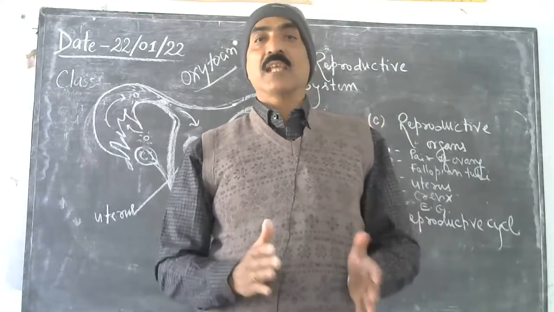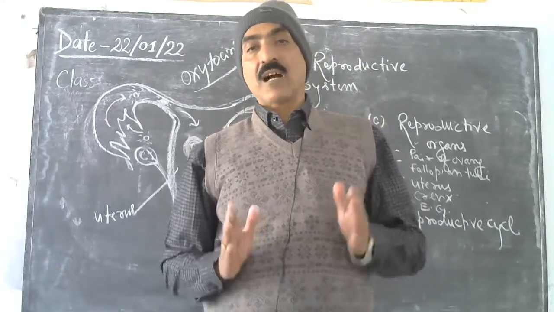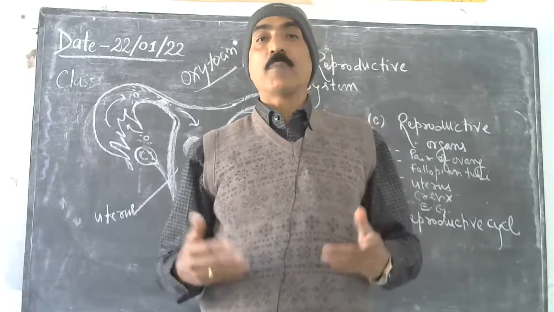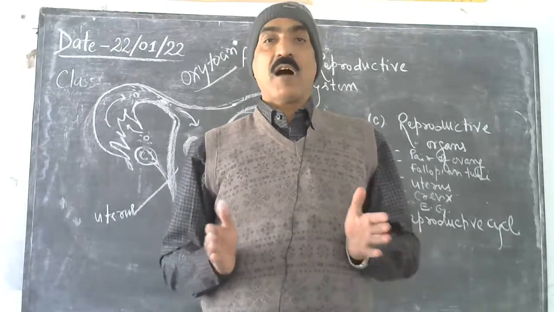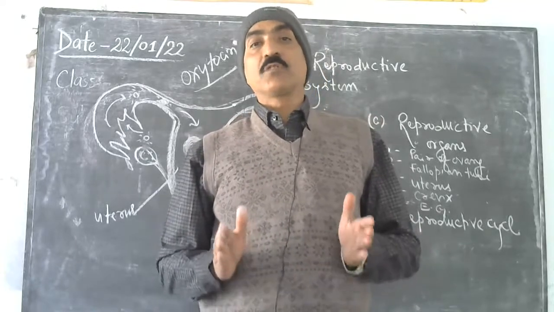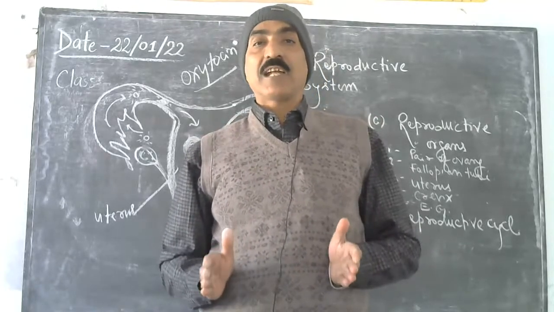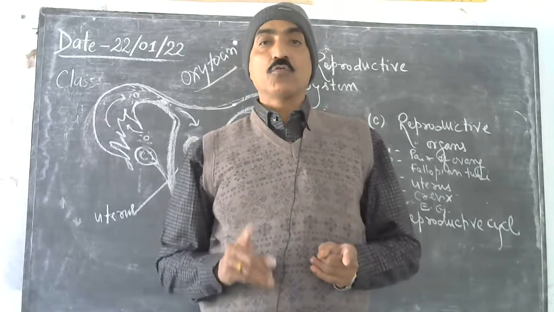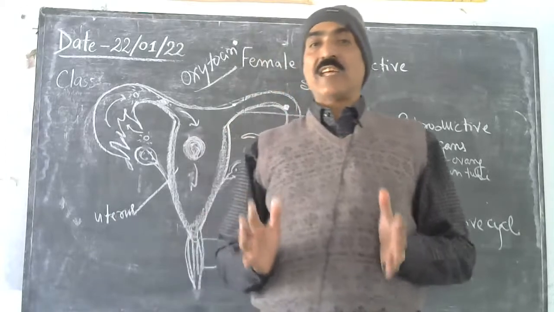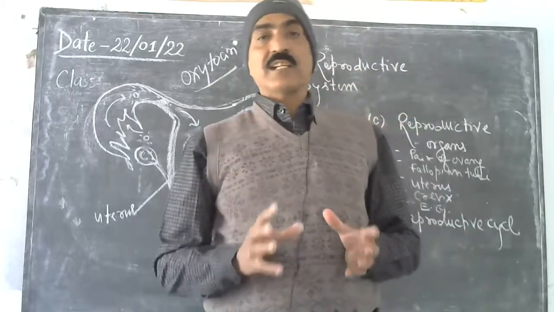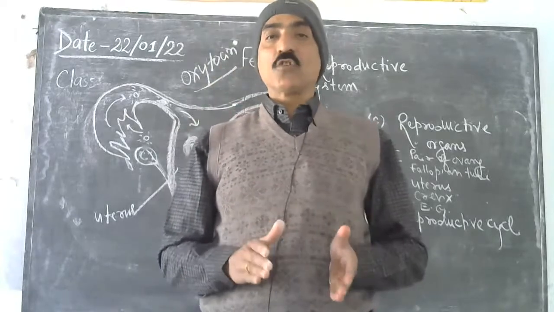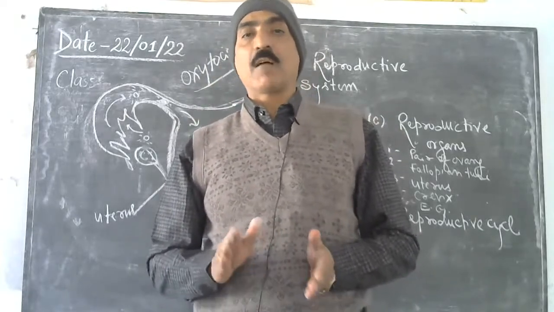But another thing that is essential and occurs only in the female is the development of the fetus, that is called the gestation period. And that period is completed in humans in about 280 days. So this 280 days of gestation is completed in the female reproductive system, and so this system is slightly more complex than the male.